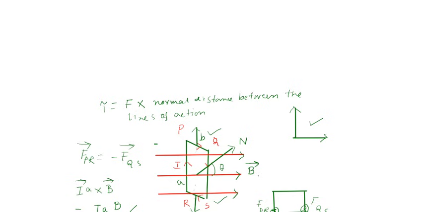So to find that out, we need to draw another diagram, which is the view of the loop from the top. Here, this is a view from the top, and this is one side A, that is the top side.